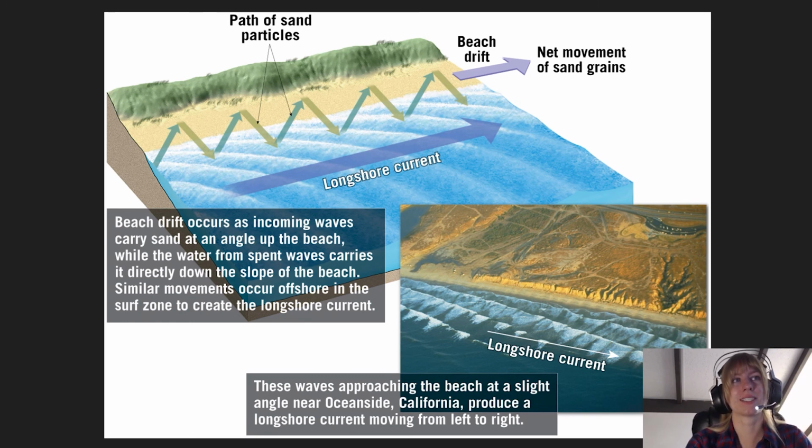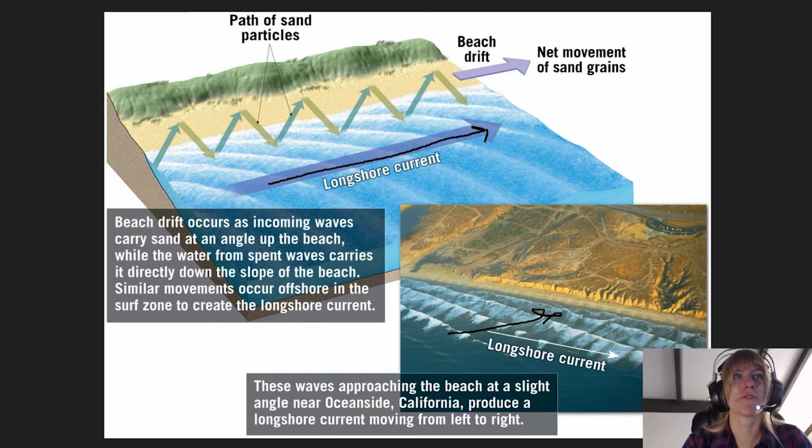So this is another type of sand movement, longshore current. It will cause the waves to deflect and move at an angle to shore, even though they're still technically coming in parallel.